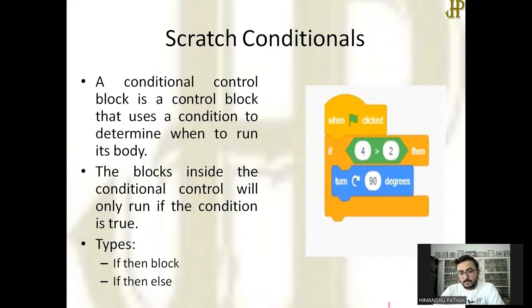Okay, here you can see that if 4 is greater than 2, then turn clockwise 90 degrees. To whom? The sprite. The sprite has to move 90 degrees if 4 is greater than 2. And you always know that the value 4 is greater than 2. Okay?